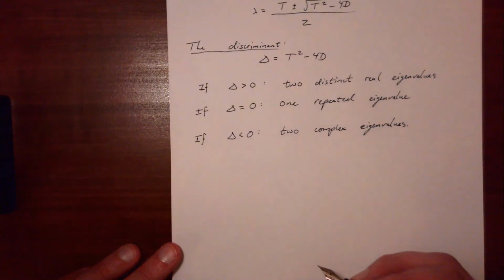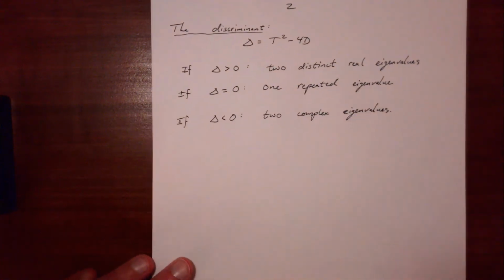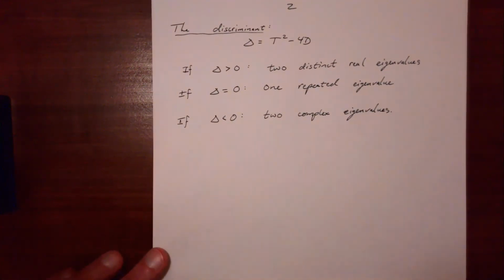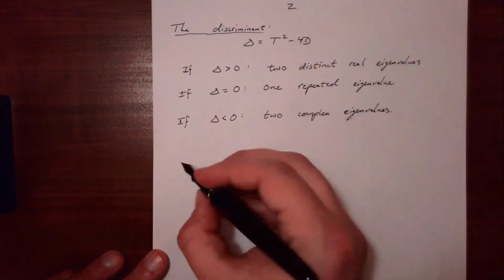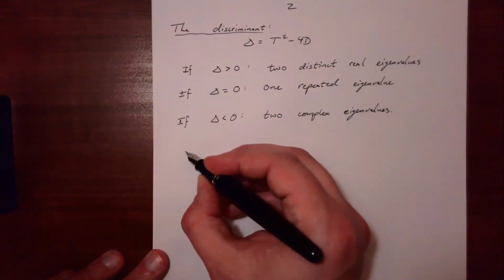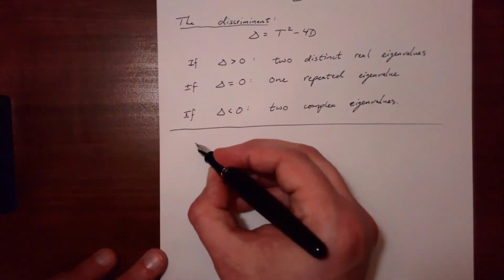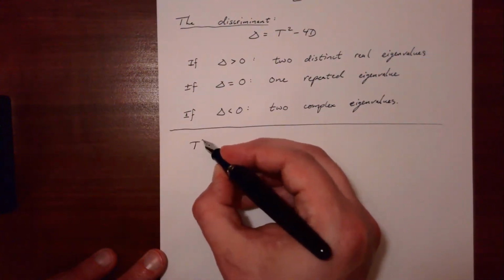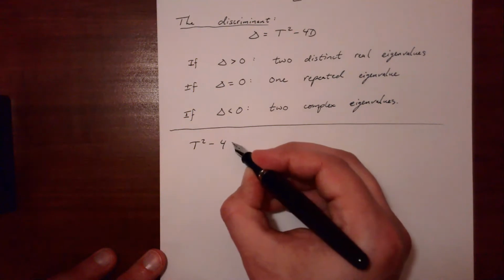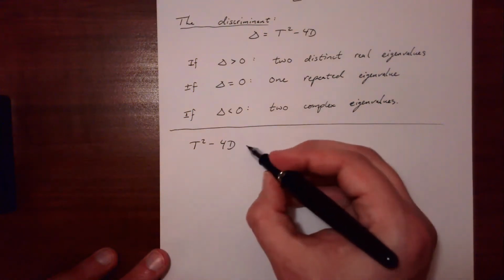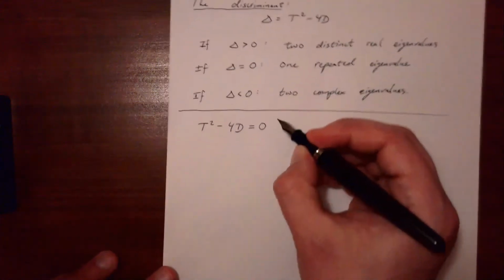Now, what we can do to actually use this insight is basically take the situation here and set it equal to 0. So t squared minus 4d equals 0.